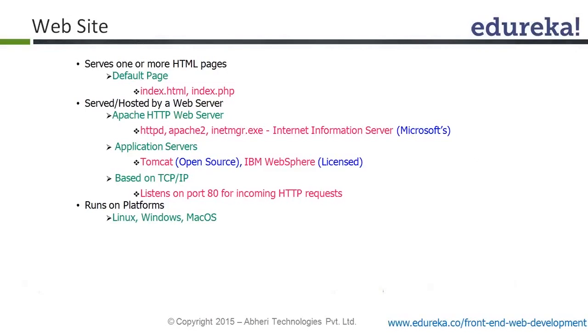Note that if the website contains more than one page, all other pages should be navigable. Means you should be able to go from this default page to all other pages. Basically, let's say if you have 10 pages, from the first page you should be able to reach any of the remaining 9 pages.